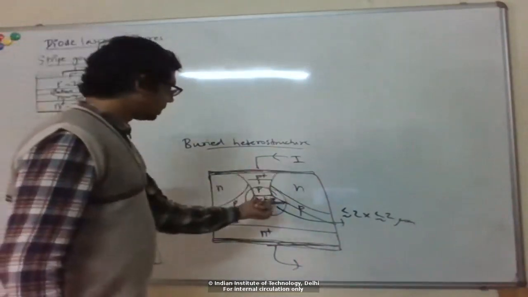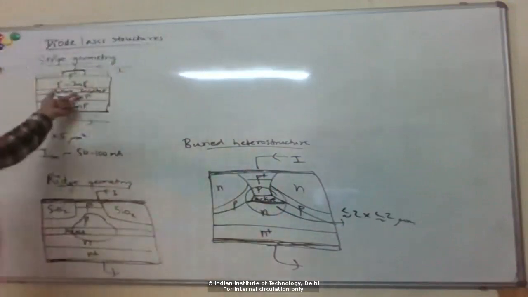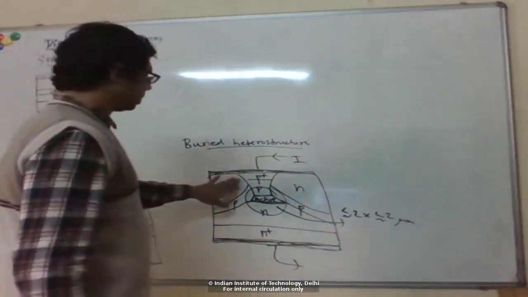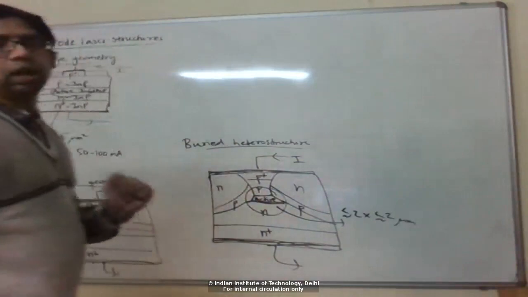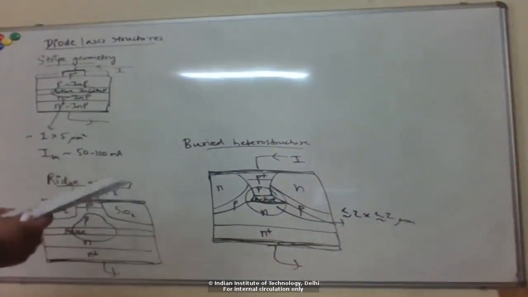Also, all the carriers are injected into this very small active region compared to here, for example. So the threshold current for this is the lowest, and also the mode comes out almost nice and circular, so that you can couple well into a single-mode fiber.